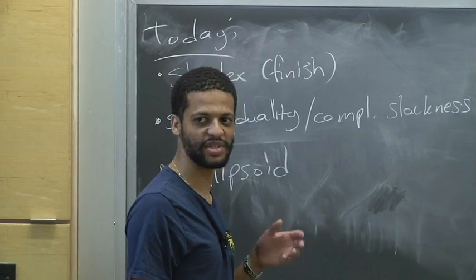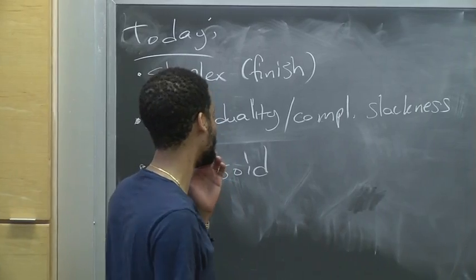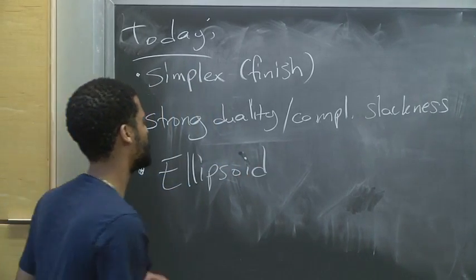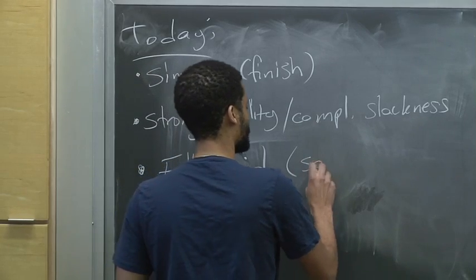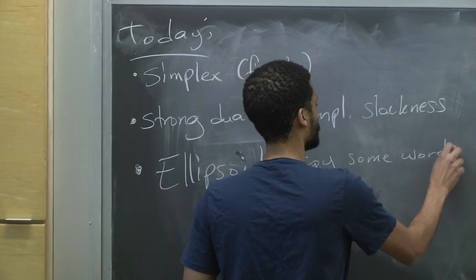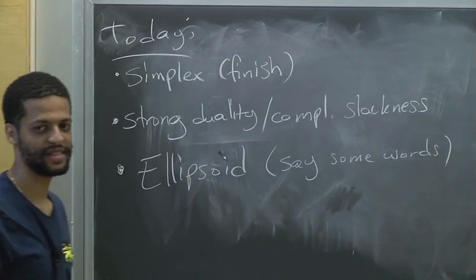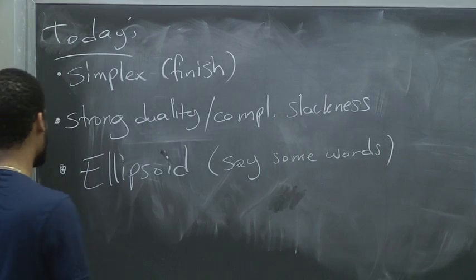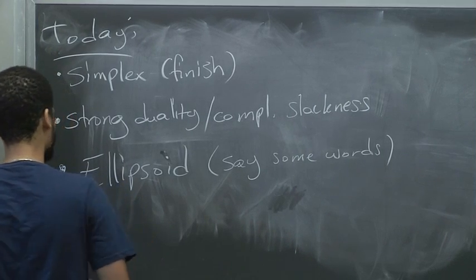I think it's not used that much in practice anyway, because it's kind of slow. I'll just say some words about roughly what it does, and then in the notes I'll add a link to something that says more if you really want to know about it.